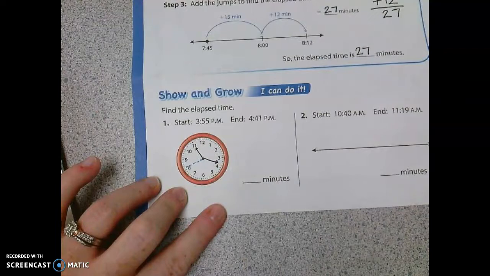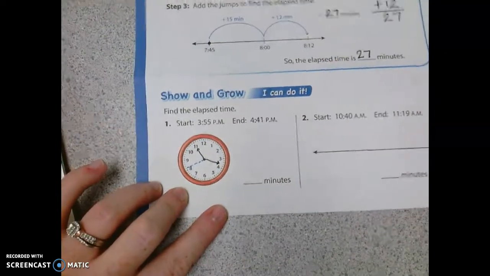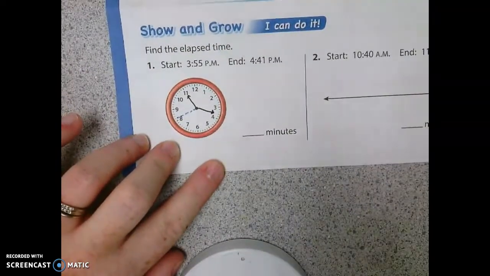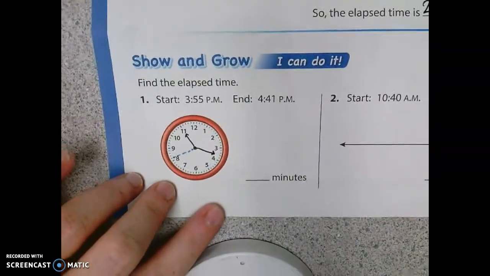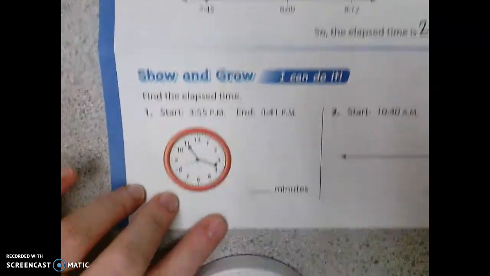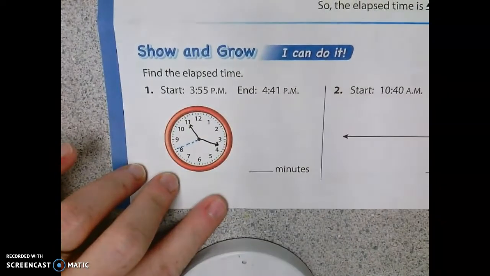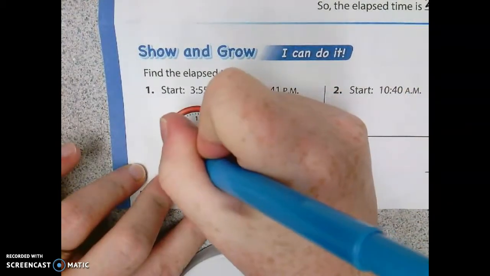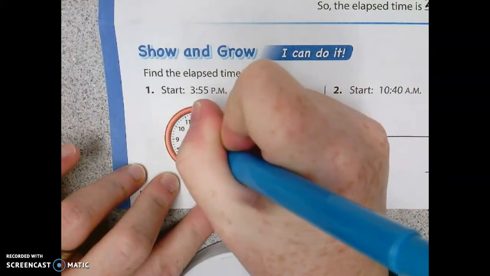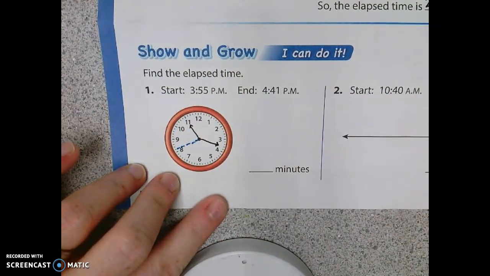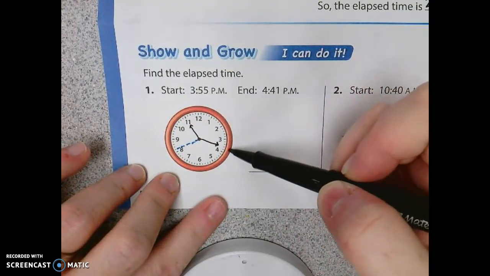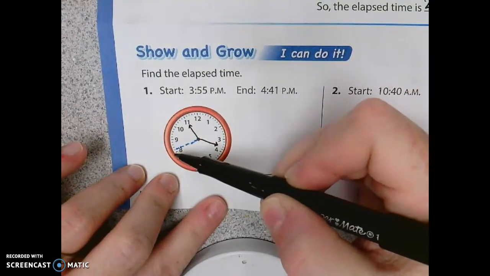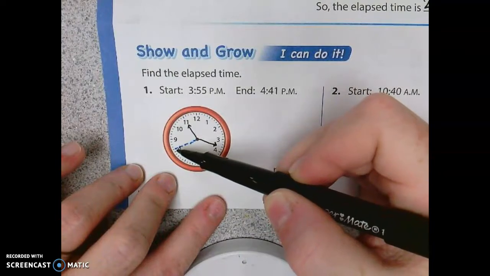Okay. All right. Let me see if I can zoom this in so that it's easier for you to see. Okay. Let me make my blue a little darker for you. All right. So we need to count from 3:55, this 11, all the way around to 4:41, which would end right here. Okay.